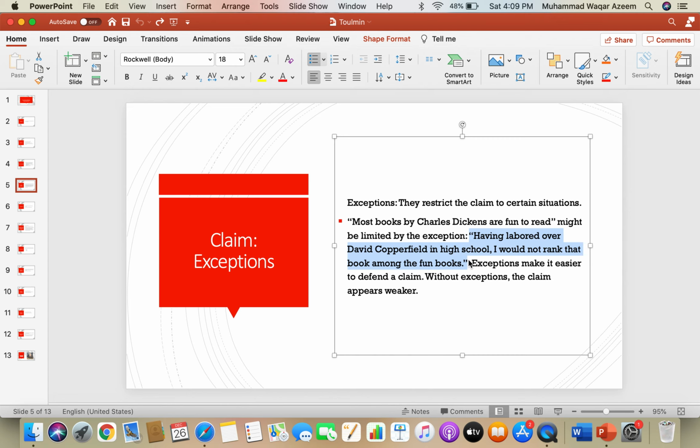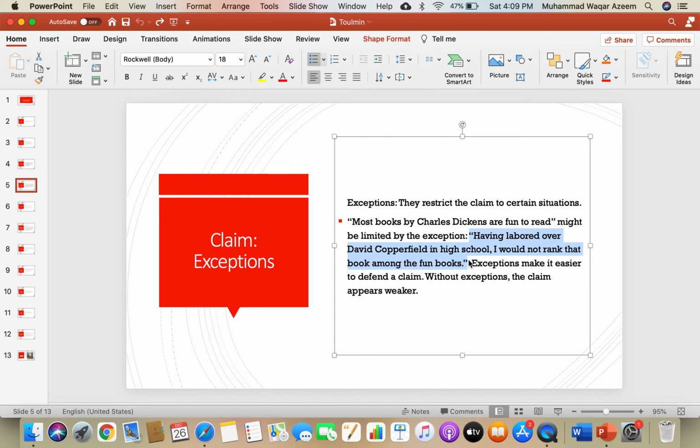Similarly, if you read a claim written by a writer, you should notice if the writer has pointed out any exceptions to that claim. If the writer has not made any exceptions, then you can immediately point out, well, this writer says that all the books by Charles Dickens are fun to read, but actually that is not the case. There is a book A, book B, book C. People have read that, other students have read that, and they have found those books to be totally boring.